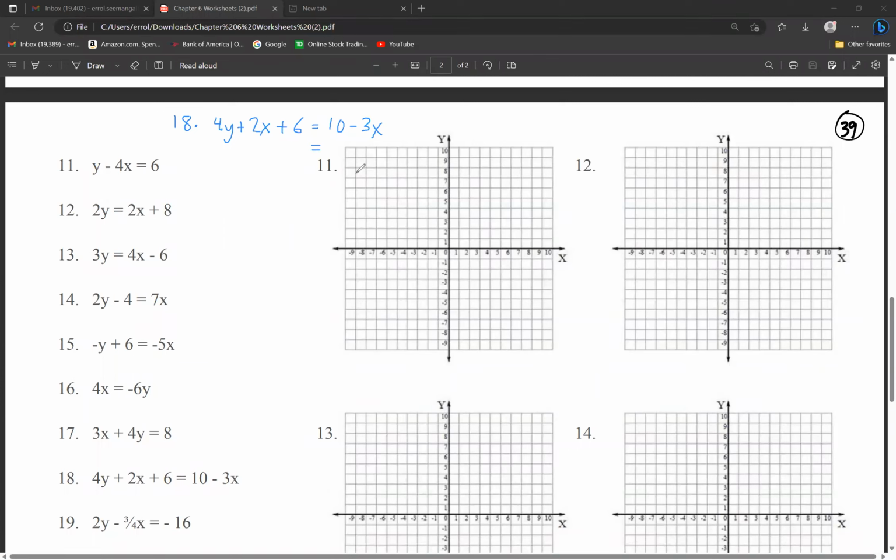Y equals something. How can we put 18 in the right form? We want it to look like this: y equals slope times x plus the y-intercept. How can we make that look like this?